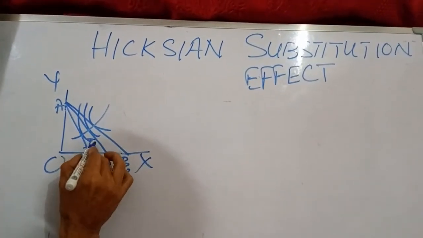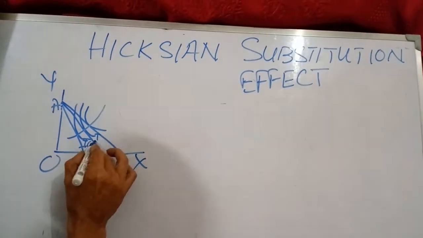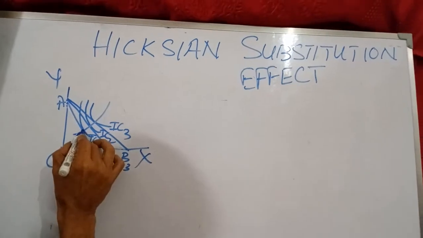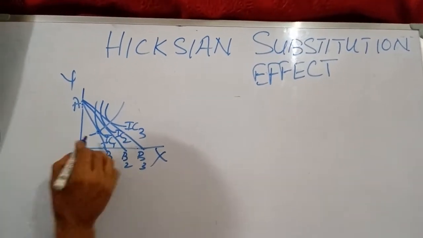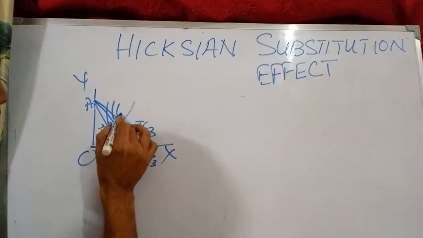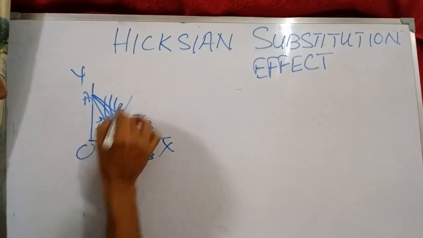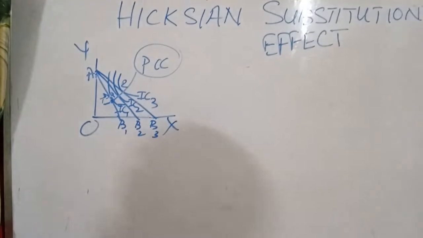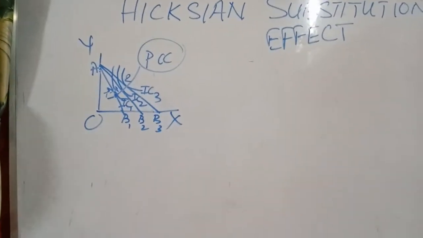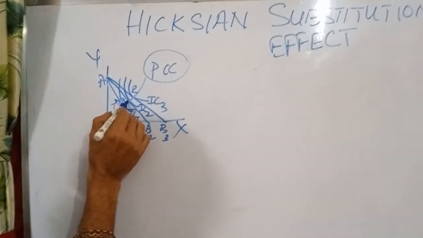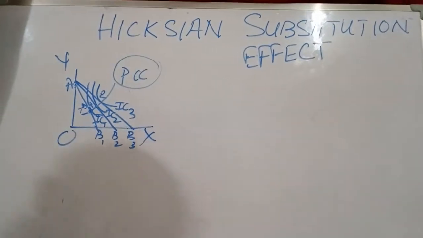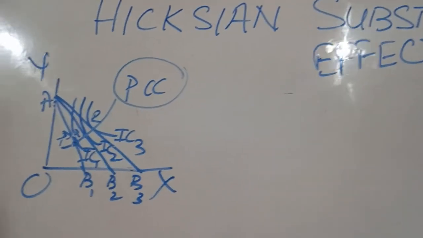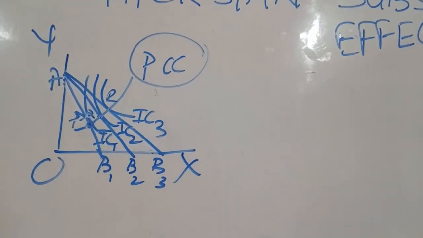This is IC1, this is IC2 and this is IC3. Say this is P, this is Q and this is R. If we join these points, we get PCC, that is price consumption curve. So change from here to here, then here to here happens due to change in price of X, that is fall in price of X.